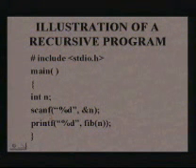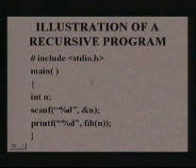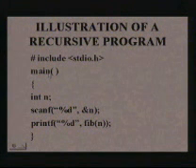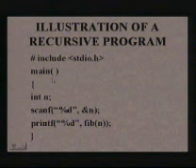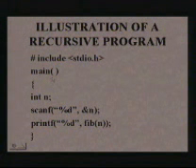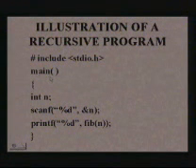Both are related to I/O, and the whole logic is defined in stdio. Now, any program in C starts with the main function. Main is the function which takes control from the operating system, passes control to your program, and when your program terminates, control is passed back to the operating system. So the main function has to be used.